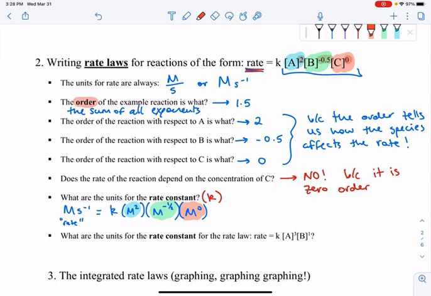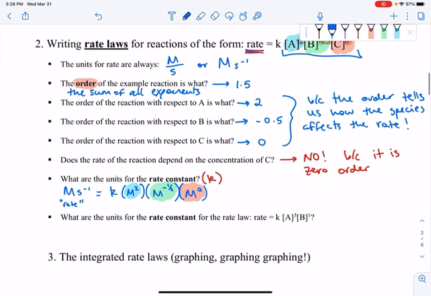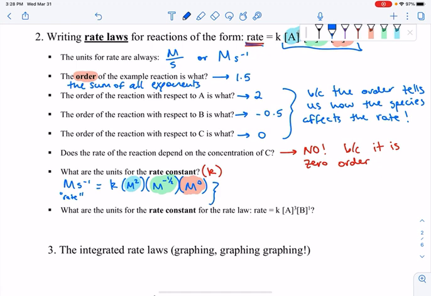The reason why we're using molarity is because that's what concentrations are measured in, right? A is the molarity of A squared. So simplify this. We have molar, right? This is always what rate is, molar per second. We have k. M squared times M to the negative 1/2 times M to the 0 is M to the 1.5.